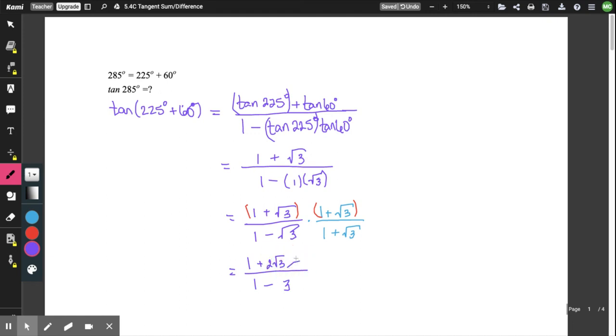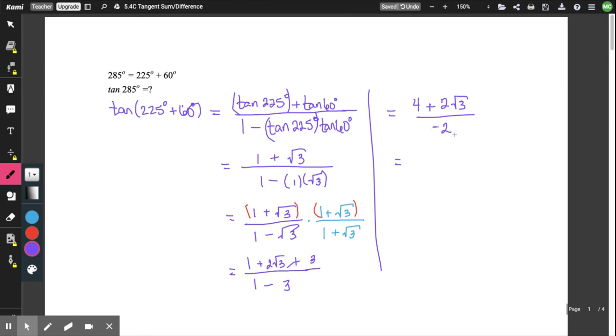And then last times last would be root 3 times root 3, which is just 3. I'm going to start another column here. Okay, so now in my numerator, I have some like terms, the 1 and the 3, so that would give me a 4. So I've got 4 plus 2 root 3. In the denominator, 1 minus 3 is negative 2.